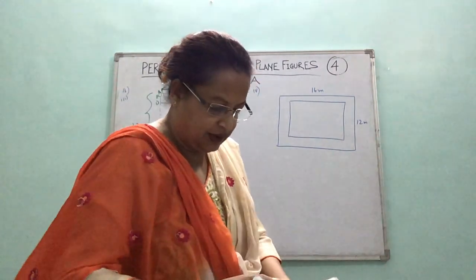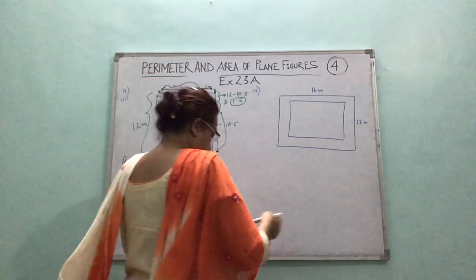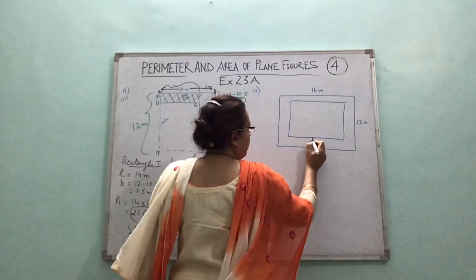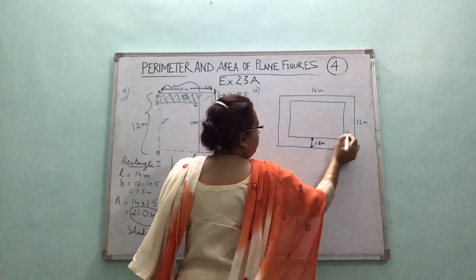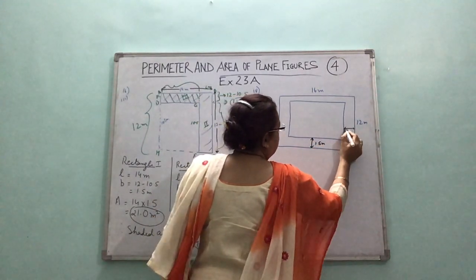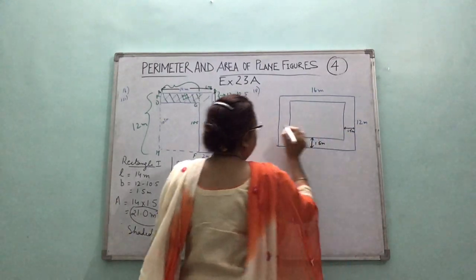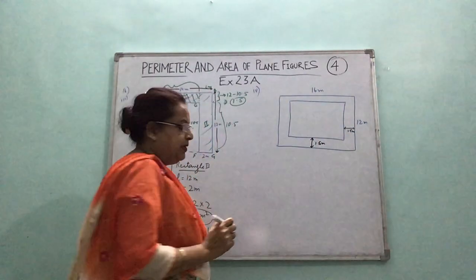This is a very interesting question. All around it is 1.5 meter. Everywhere, all around, the width is 1.5 meter.